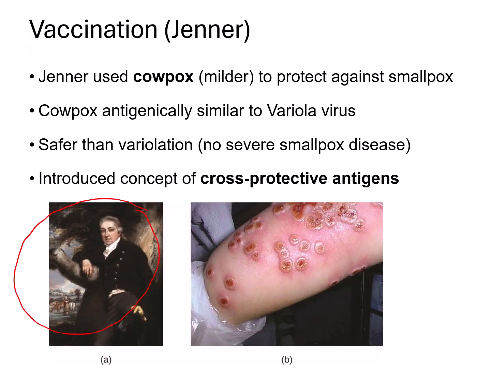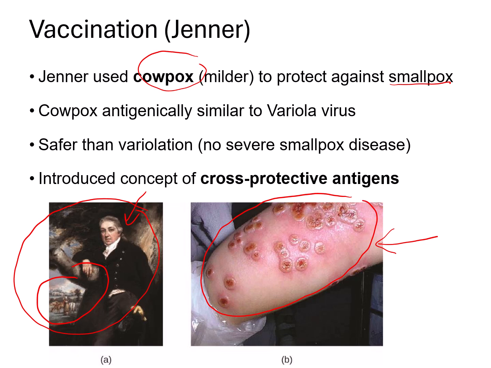Edward Jenner discovered that cowpox, a milder disease, protected against smallpox. So here we have a painting of Edward Jenner, and there is a cow and a milkmaid in the background. On the right, there are lesions on a patient that is infected with cowpox. This is a zoonotic disease caused by a virus that's very closely related to the one that causes smallpox.